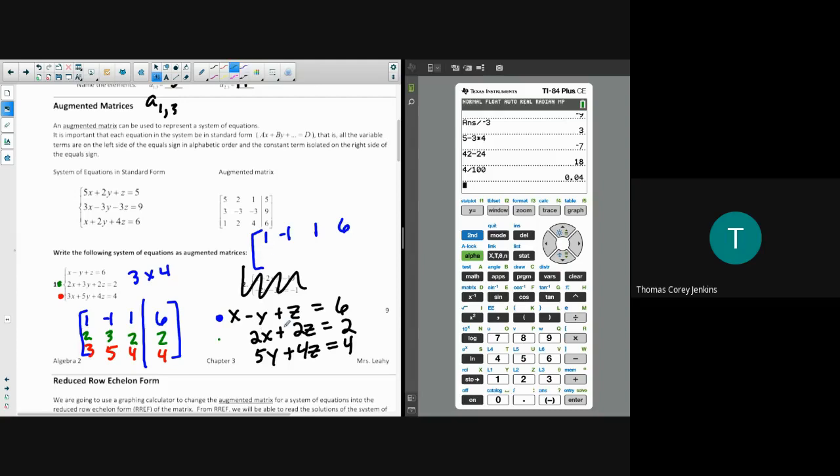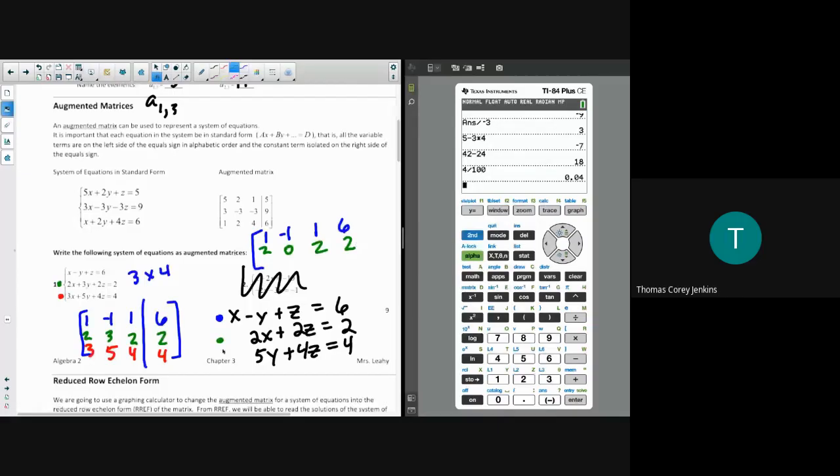I don't have anything for y, so I would need a 0 here, and then 2 for z, 2 at the end, okay? And then my last one, I don't have anything for x, so it's 0x plus 5y plus 4z equals 4.